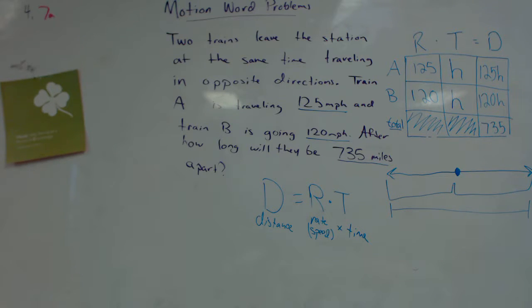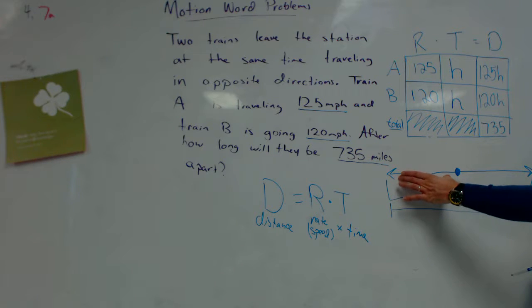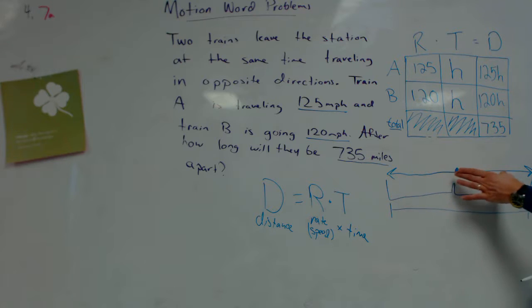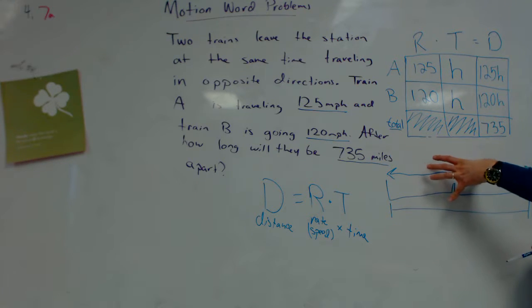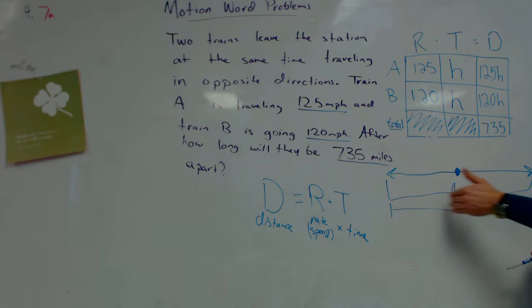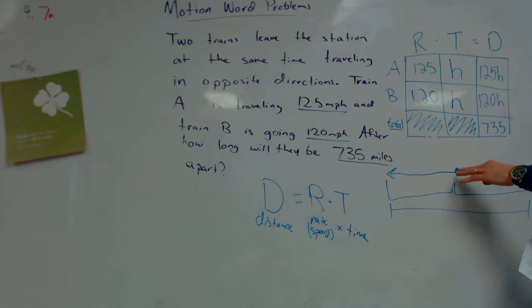Does that make sense? The total distance is the distance this train went plus the distance this train went. And since they went in opposite directions, the total distance is how far apart those trains are. Okay? If they had gone in the same direction, the total distance wouldn't really mean very much.